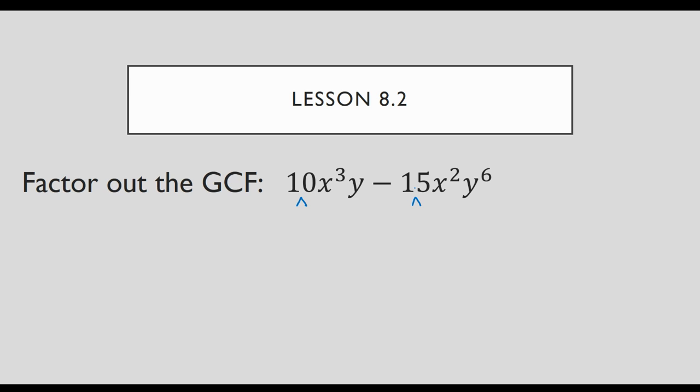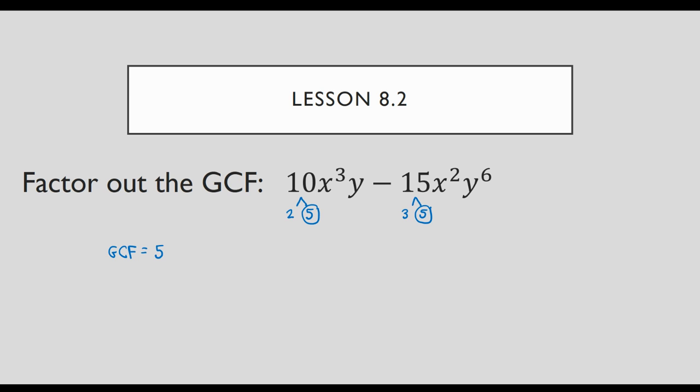Because 10 is smaller than 15, but there's no way to multiply 10 times something to get 15, I'm going to start breaking up 10. 10 is the same thing as 2 times 5. 15 is the same thing as 3 times 5. Notice that both of those numbers share a 5. So my GCF will contain a 5.